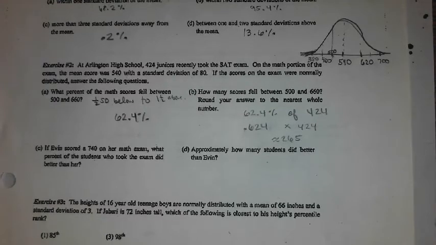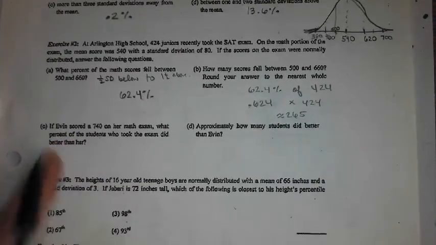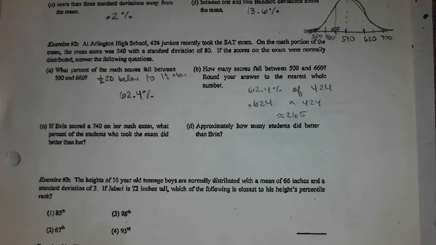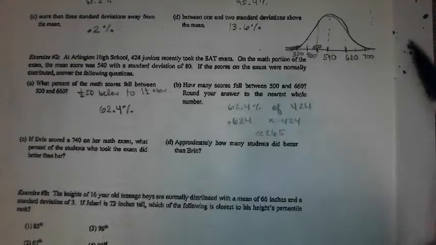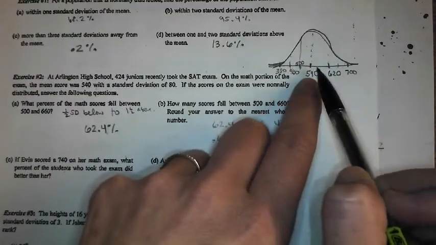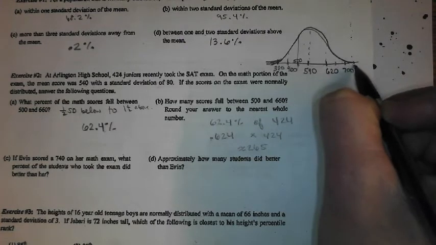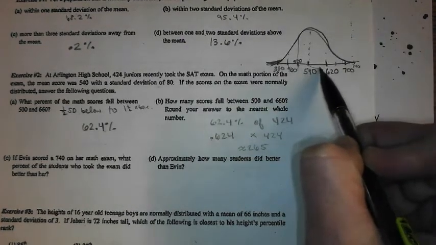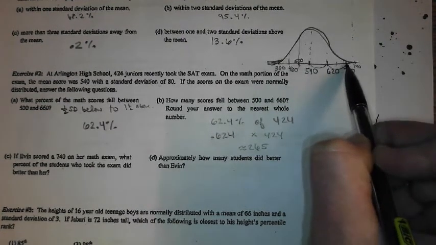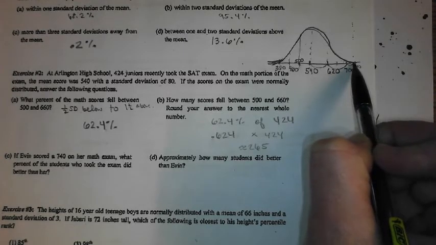Okay, so here we have a different scenario that we have to think about. Evan scored a 740 on her exam. So how many standard deviations is she above? If she scored a 740, there's 1, 2.5. Yes?